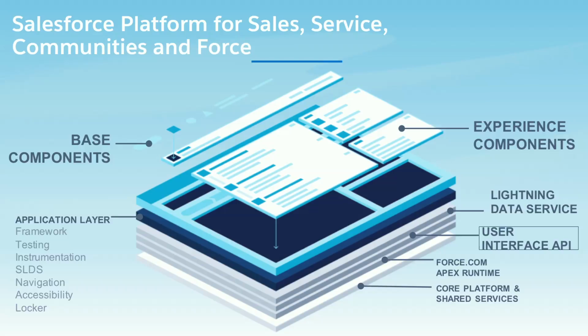So here's our little architecture diagram, whatever texture diagram you want to call it. And I've highlighted where user interface API fits in. It is part of the services that we have that is the integration layer between Lightning and our core platform, which is the number one database in the cloud.